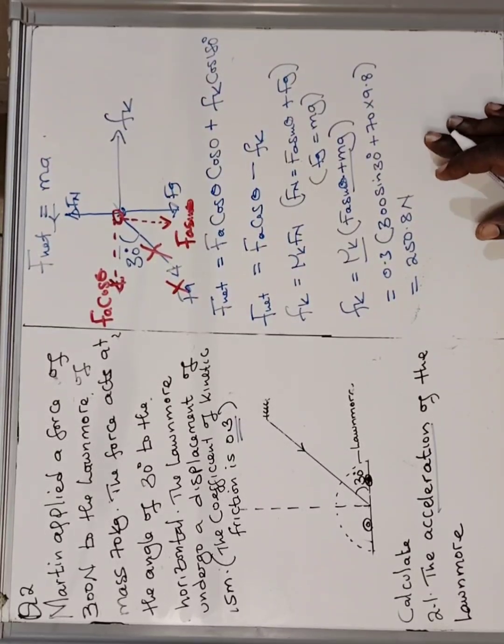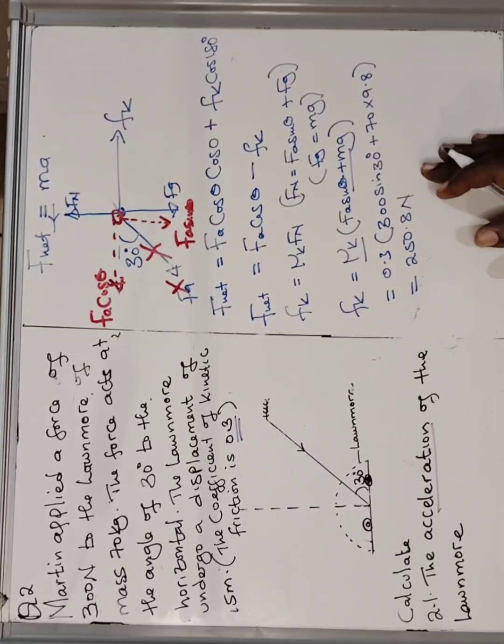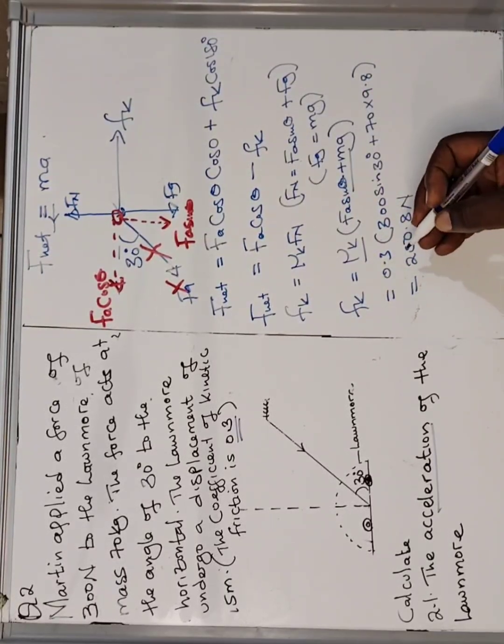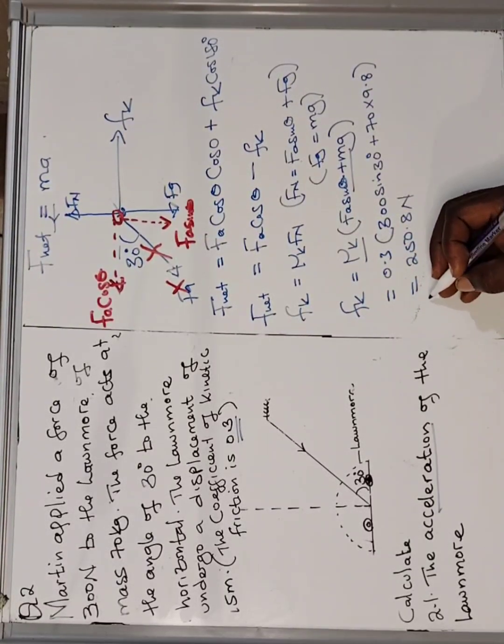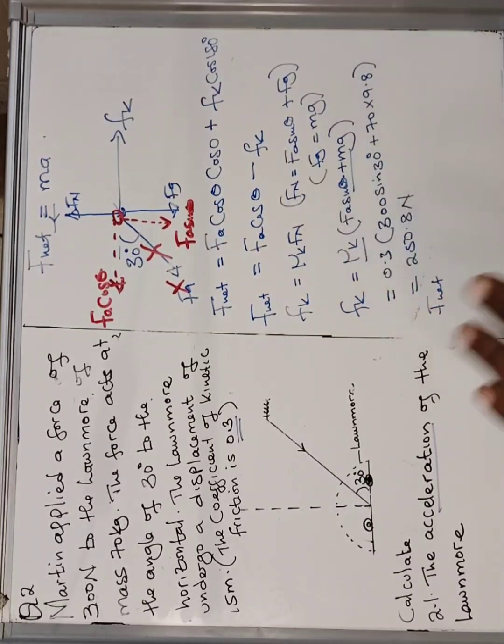So now we have our Fk, and after having it, what is going to be our Fnet? Remember Fnet from this expression here.